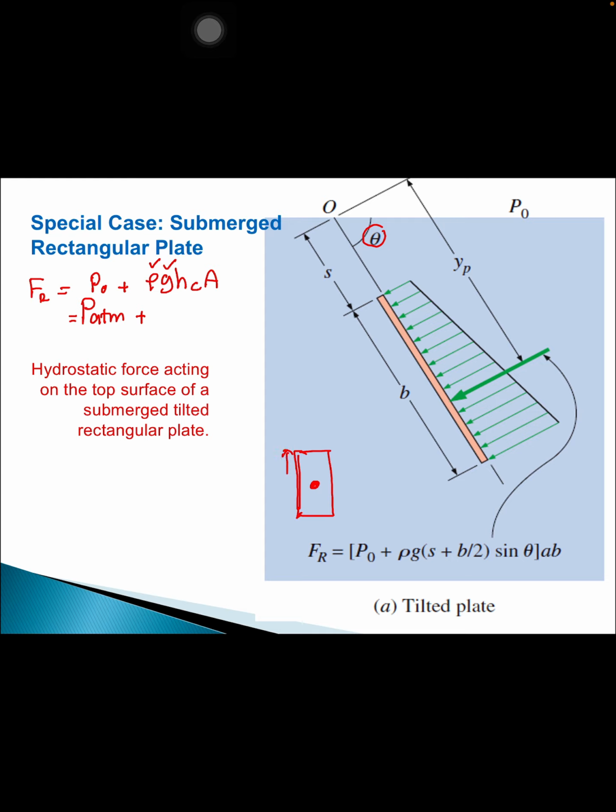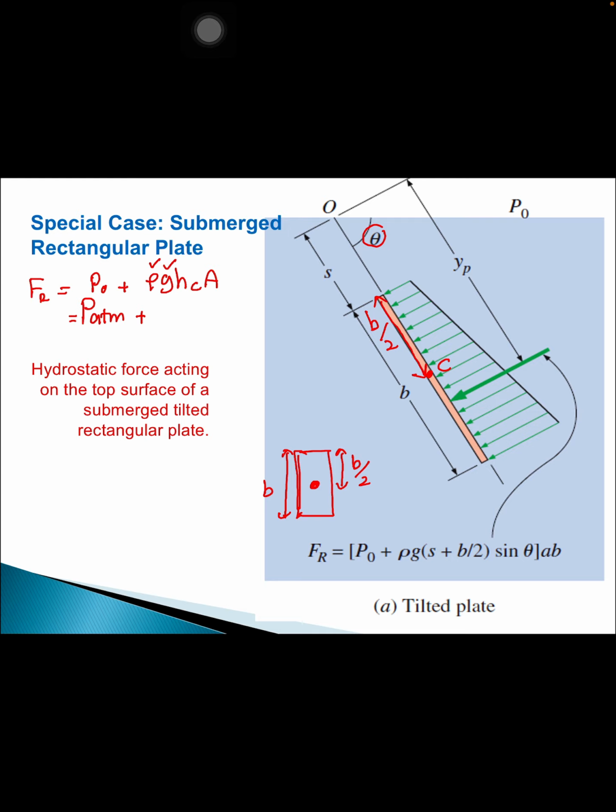If the width is B, then the center is at B over 2. So B over 2 is the distance from here to here. This is your centroid. Centroid is the center of the object.